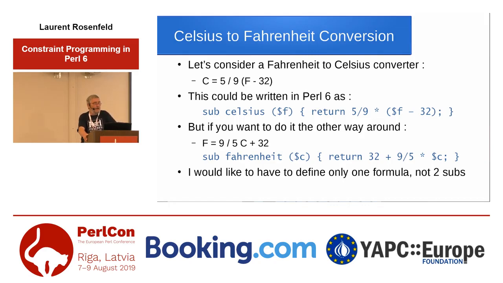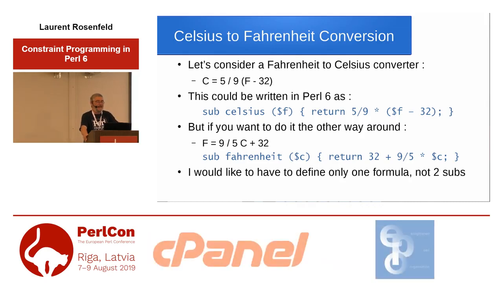So let's consider a Fahrenheit to Celsius converter. The Celsius temperature is equal to 5/9 of the Fahrenheit temperature minus 32. This is quite easy to write in Perl 6. This is just an example.